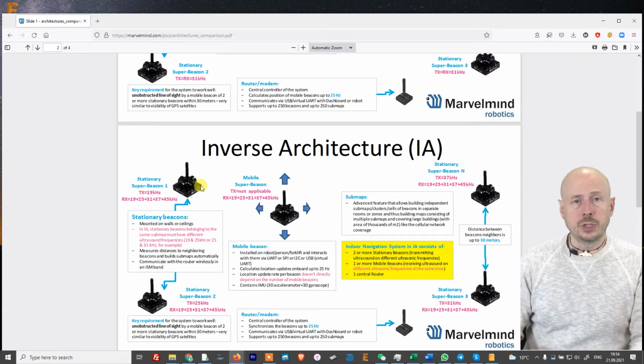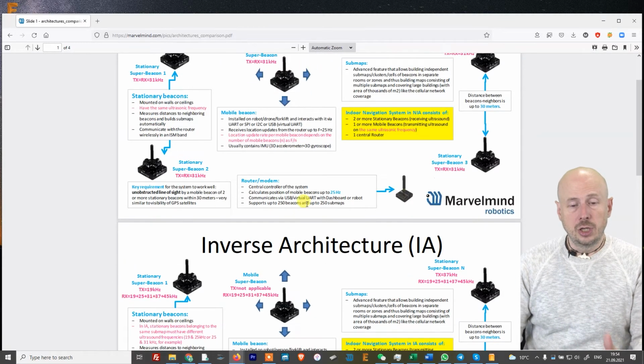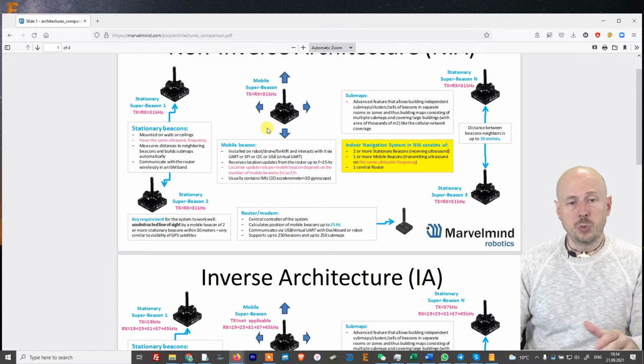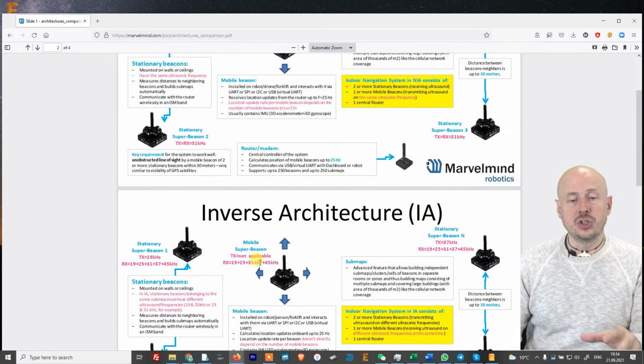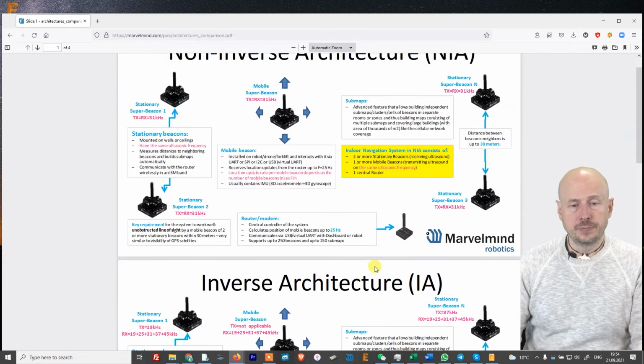But to make a complex story short, inverse architecture is very, very complex, and the biggest difference, in terms of implementation, is that we are using the same frequency for non-inverse architecture and different frequencies for inverse architecture.